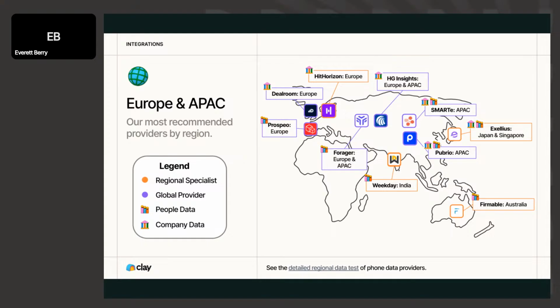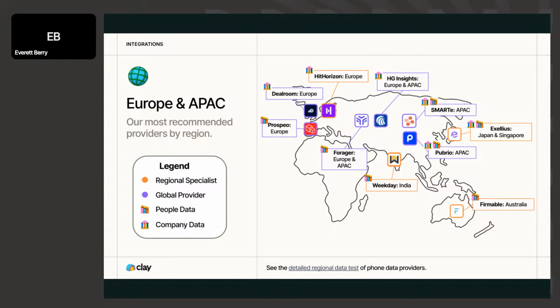And so what that means is that for customers, instead of needing to go through procurement cycles and quality testing and integration work, if you've already got your waterfalls set up to enrich contacts, source contacts, and connect them to your CRM, it's simply a matter of clicking add provider within Clay to be able to add high quality global data coverage to your CRM.